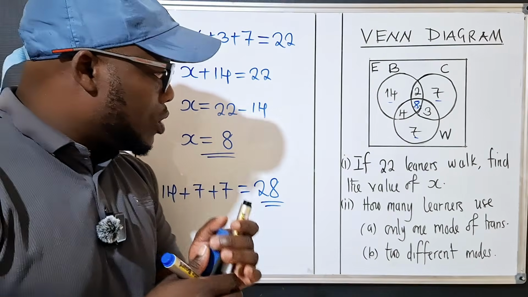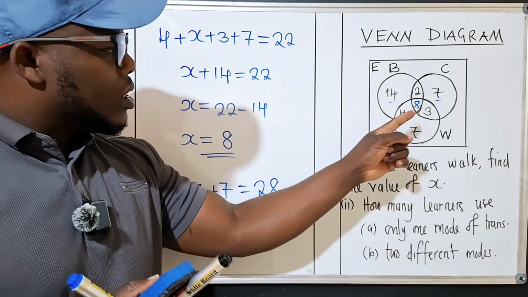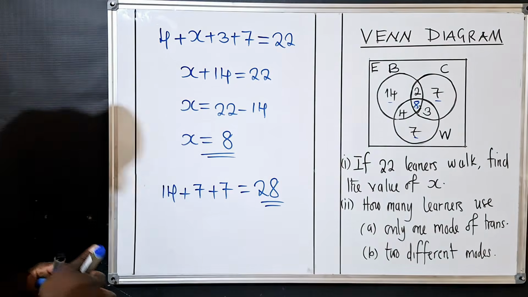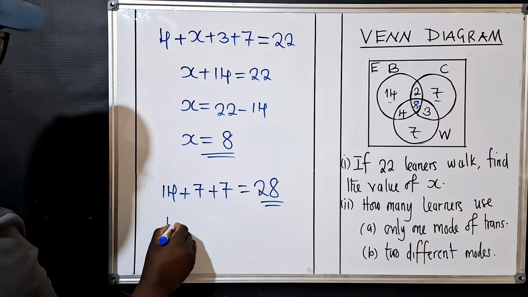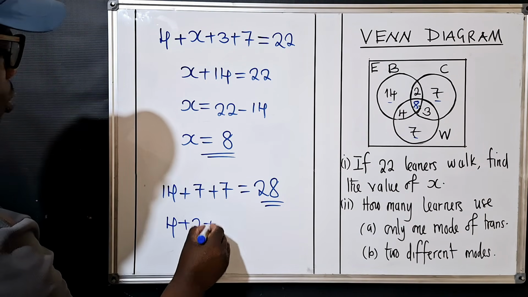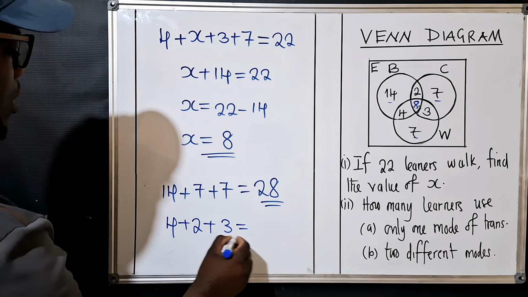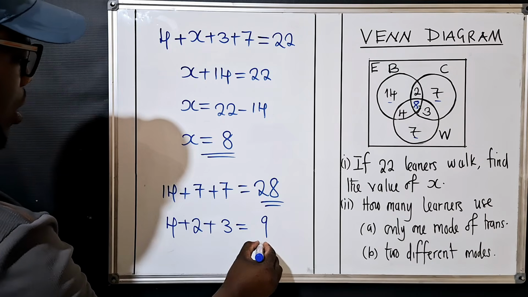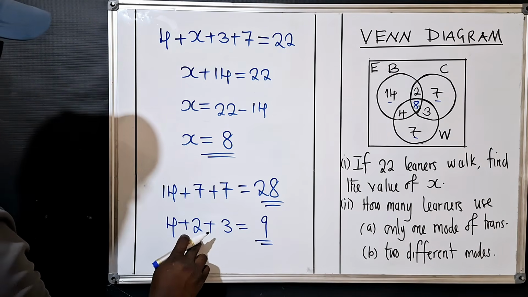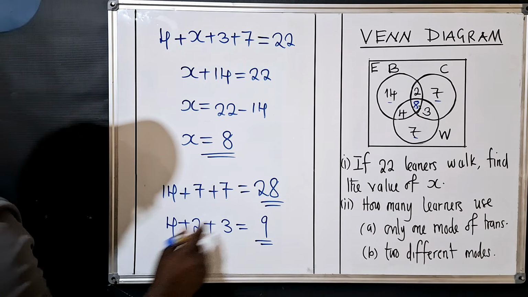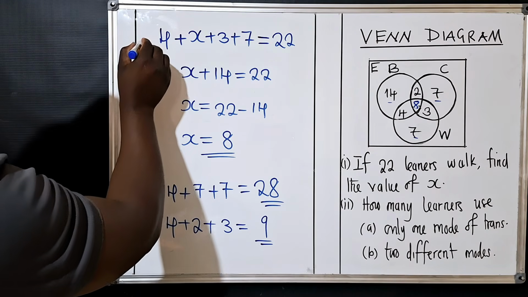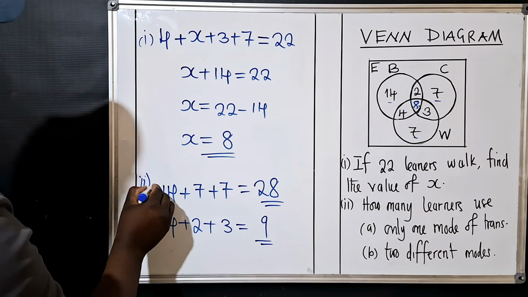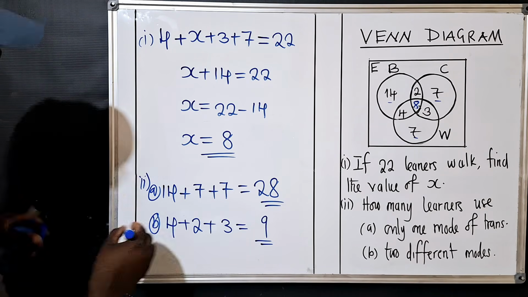Remember, I showed you the region for 2, where 2 activities are happening: here, here, and here. So you just say 4 plus 2 plus 3. When we add, we get 6, and 6 plus 3 is 9. So this is the solution for question 1. Question 2, A is this one, and B is this one.